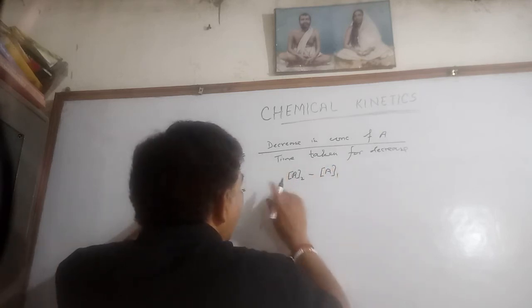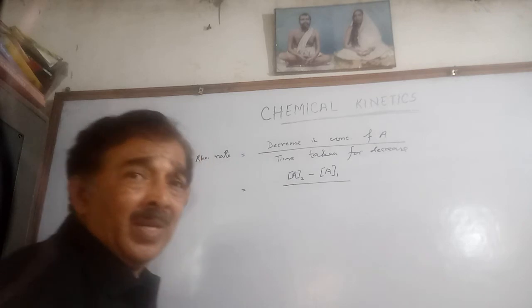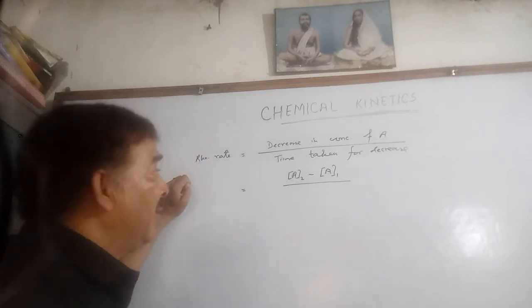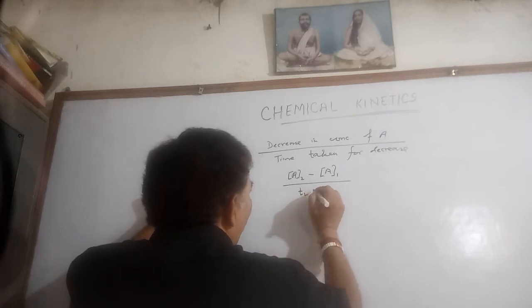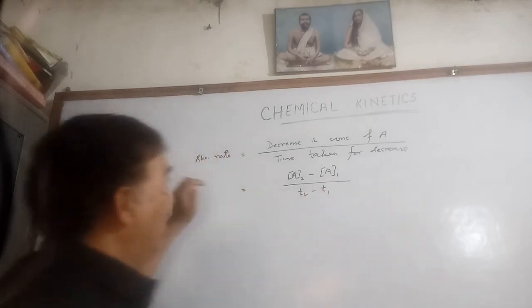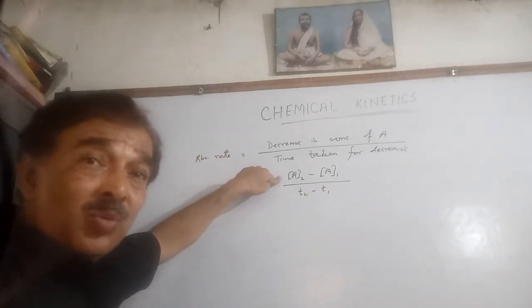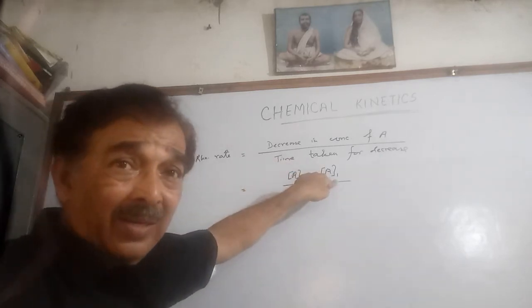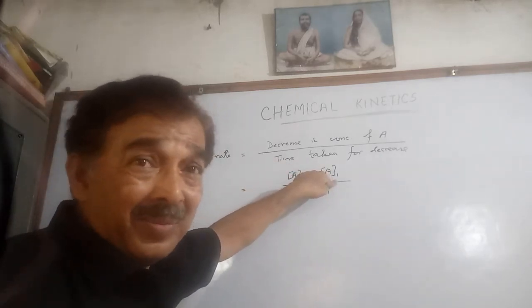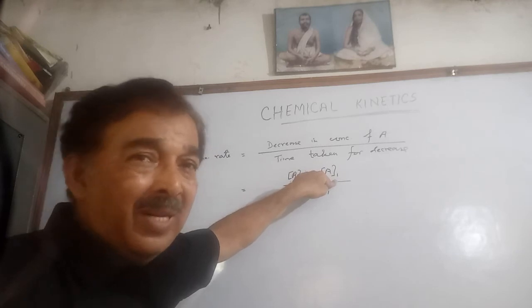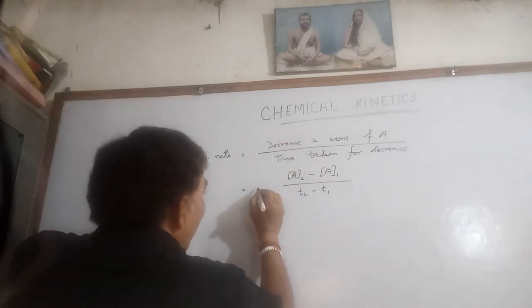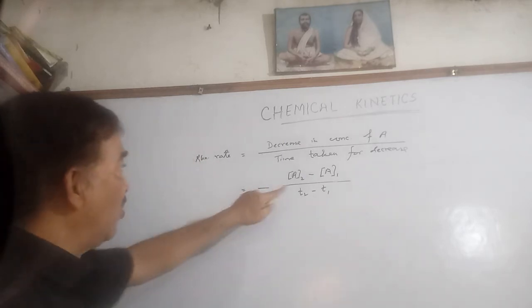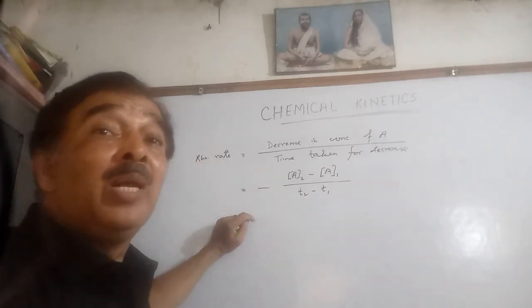This is your change in concentration of A by T2 minus T1. Since A2 is less than A1, the value will be negative, but the reaction rate is always positive. So here we have to give a minus sign so that the reaction rate will become positive.